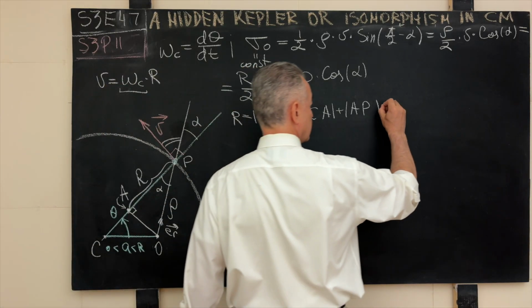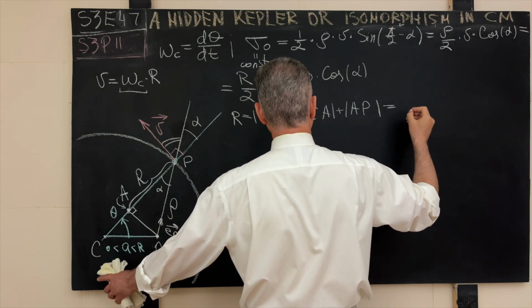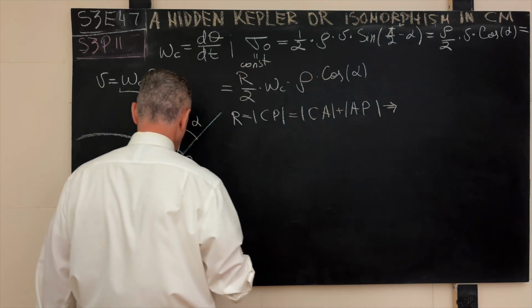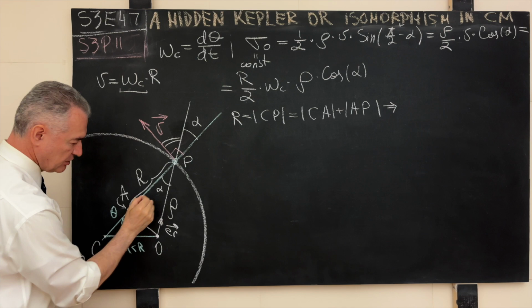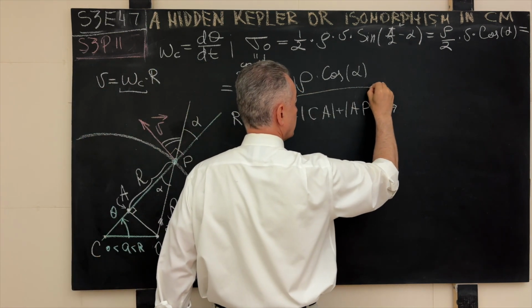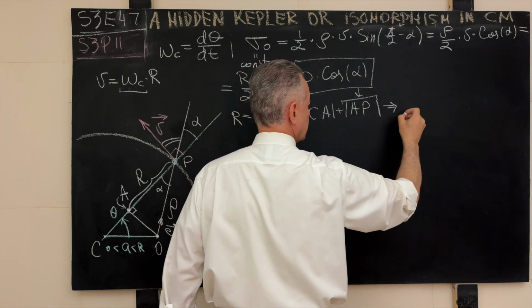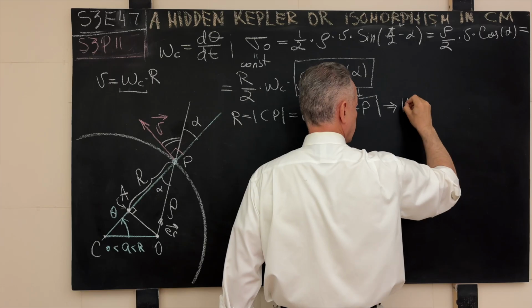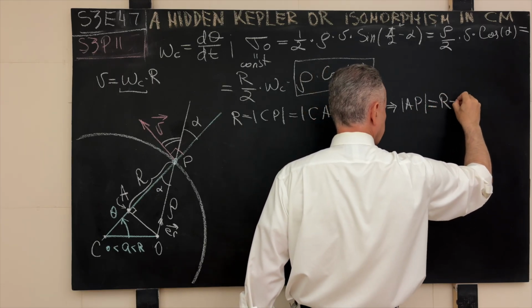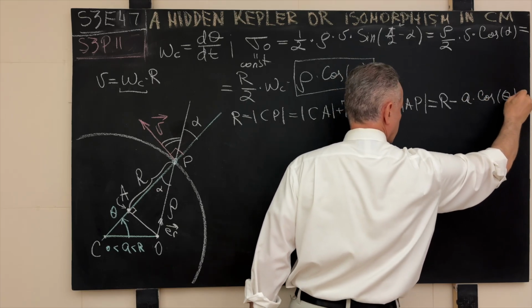So this will be CA. So from here it follows that rho times the cosine of alpha is AP. This is this distance right here. This quantity is this guy right here, and from here it follows that AP is CP, or R minus a times cosine of theta.